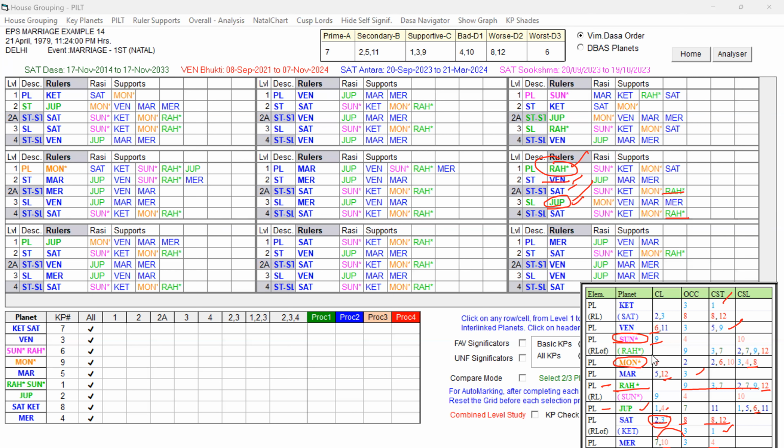So in that destiny planet, which are the unfavorable key planets, which are making the destinies weaker? That Rahu is having moon in its supports, right? So moon is present. Moon is there for Jupiter also, Saturn also. All the rulers are getting the influence from the moon.